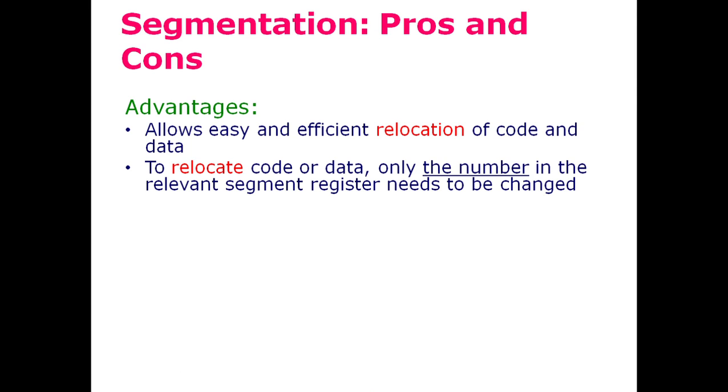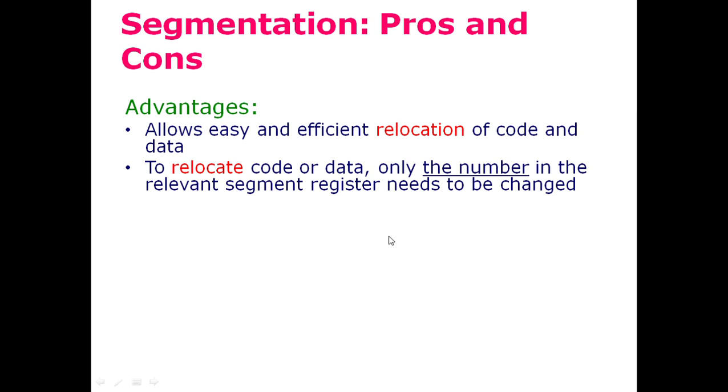Segmentation has pros and cons. The advantages of segmentation include that it allows easy and efficient relocation of code and data. The code and data can be relocated anywhere in the memory.